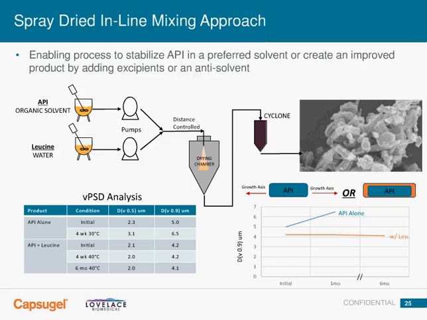So it's simply taking the API in an organic solvent, something like leucine in water, feeding these to the spray drying chamber, and you'll see the note distance controlled there. In certain cases, we can actually use this to drive crystallization with solvent and anti-solvent blends, which is what's shown in the pictures on the right, where we end up with these crystalline materials out of the spray drying process, sub 5 microns.